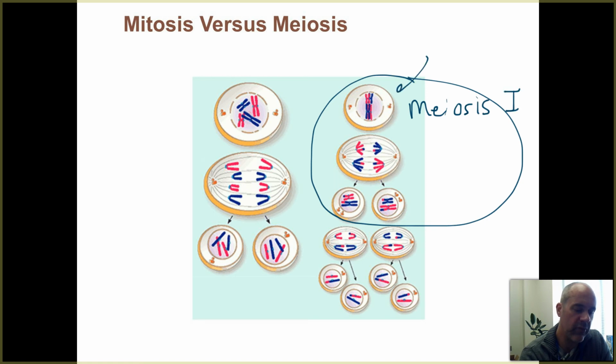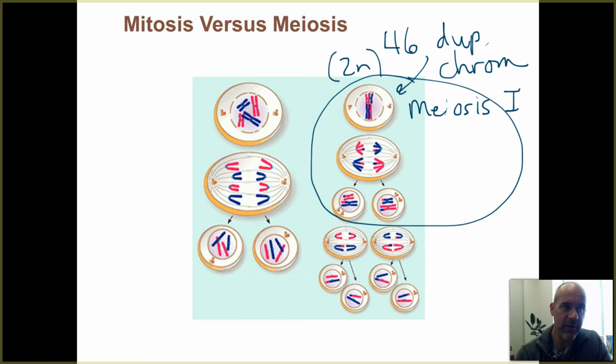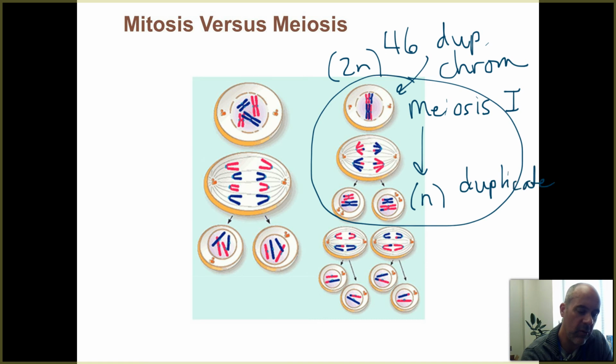And you're starting here, you've got 46 duplicated chromosomes. So that's a 2N cell, but the 2N chromosomes are in a duplicated state. And after meiosis 1, you go down to an N state, but the chromosomes are duplicated.